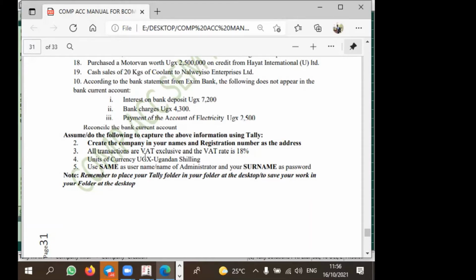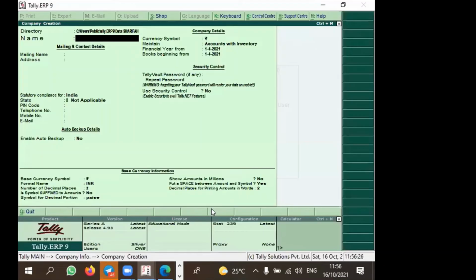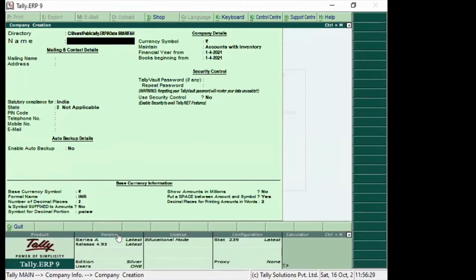So remember to place your folder on the desktop. Like that. So that one we can carry it afterwards. Here we are. So in our company, we are creating the company name, our name.